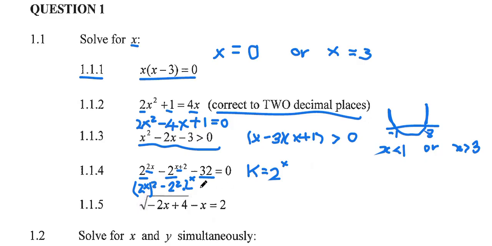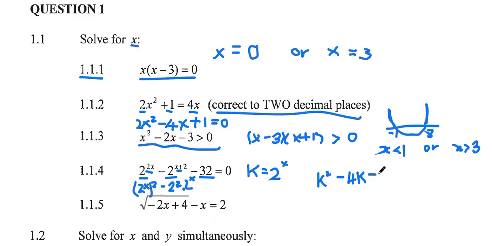And 32 we're going to leave as 32. So we are going to have k squared minus, I'm going to simplify the 2 to the 2 to 4k, and minus 32.